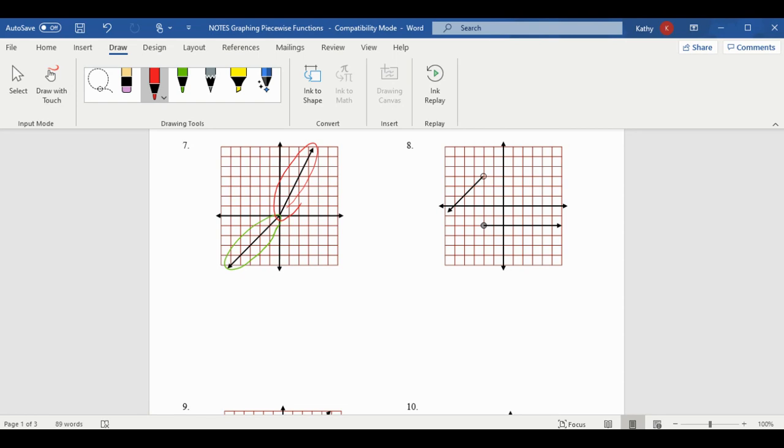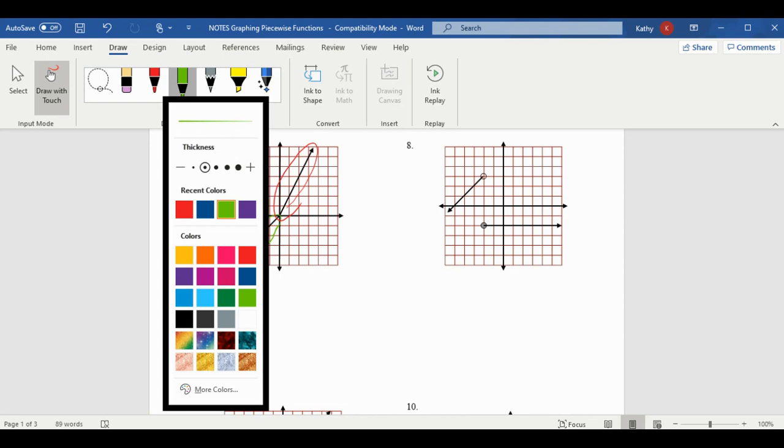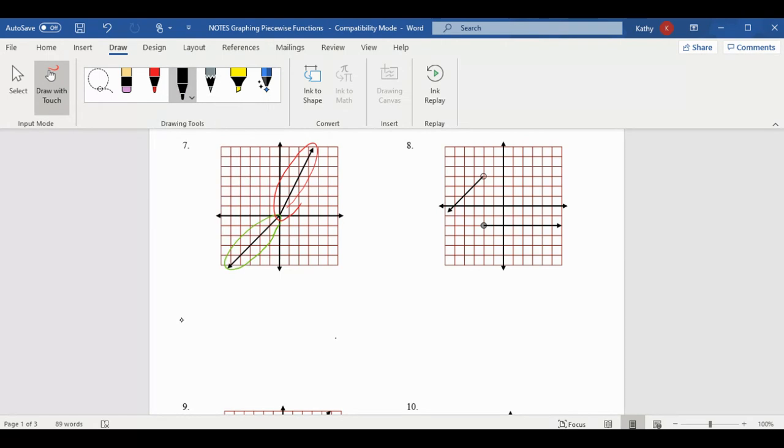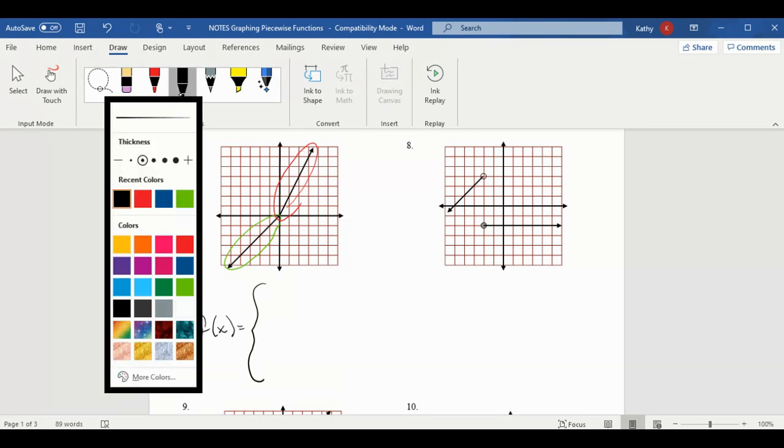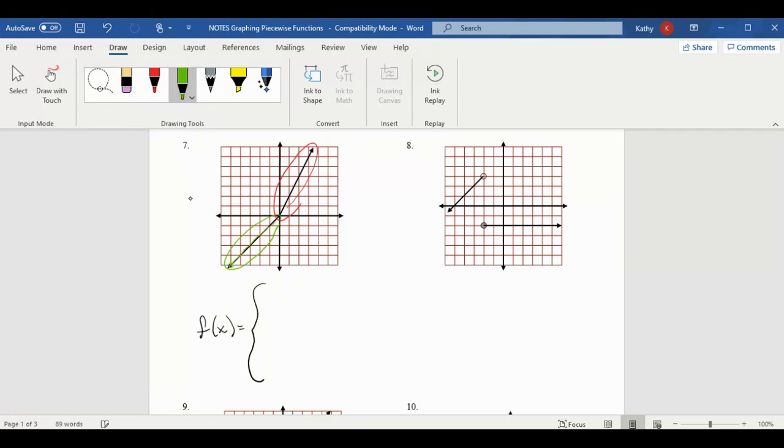So now we're going to write the equations for them. If we look at f of x, and to write this, just as we saw them before, f of x, and then you have your bracket, we have to fill in what 2 equations we have. Well, let's do the green one first. We're looking to find the equation for this particular line.